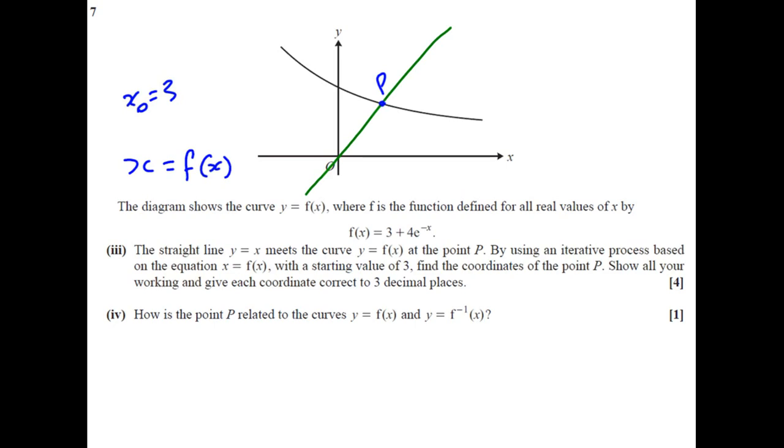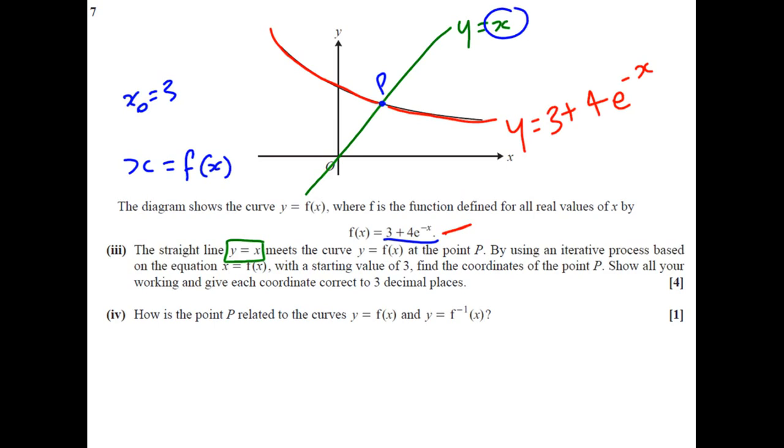Right, so when we're saying y equals x, we're talking about this green line. And when we're saying f of x, we'll do this one in red. We want where the red and the green line cross. Just a little key for you there. So where they cross, simultaneous equations, we can solve by setting them equal to each other.